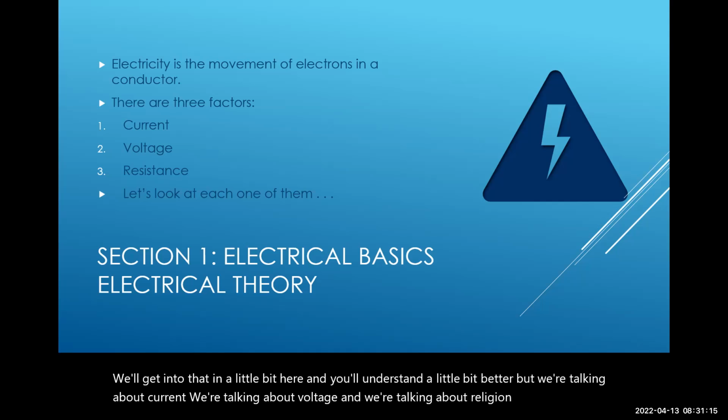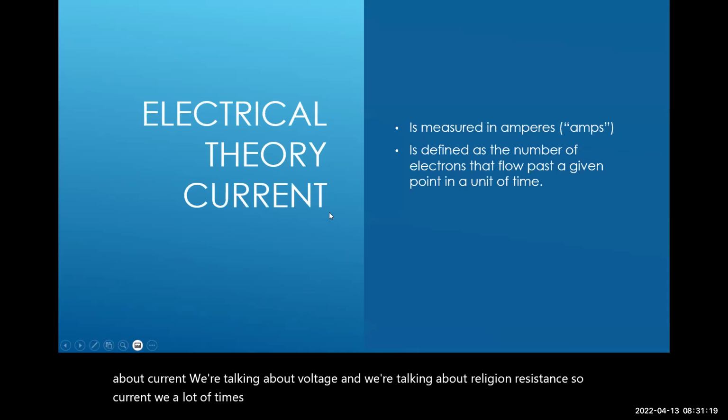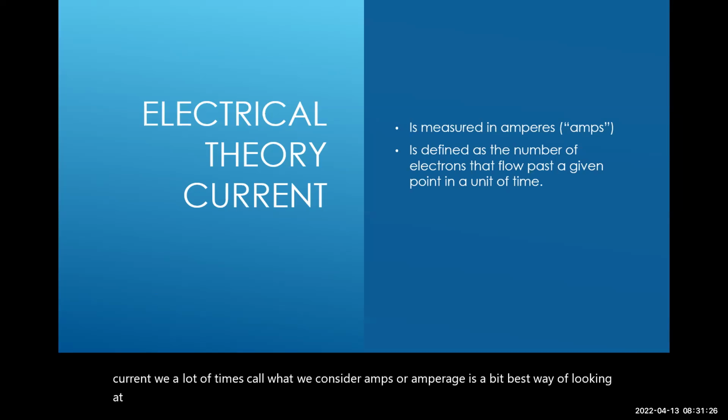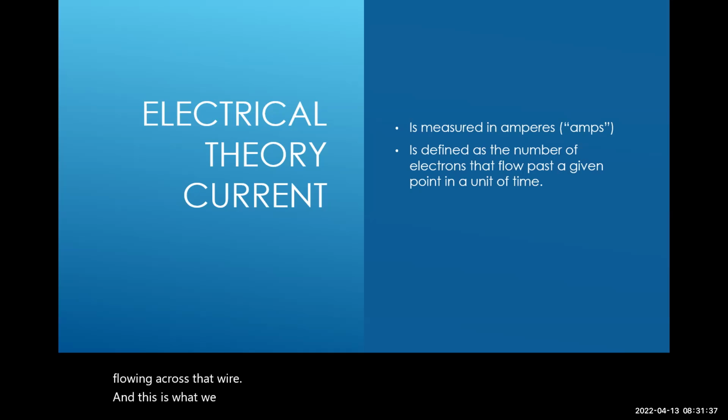Current, a lot of times we call amps, or amperage, is the best way of looking at it. It's pretty much those little guys buzzing around in there. These are the guys flowing across that wire, and this is what we call electron flow.